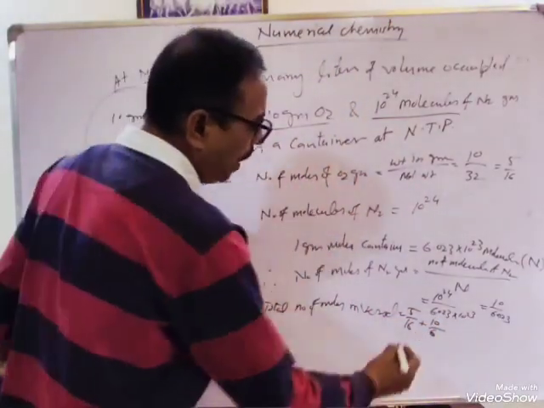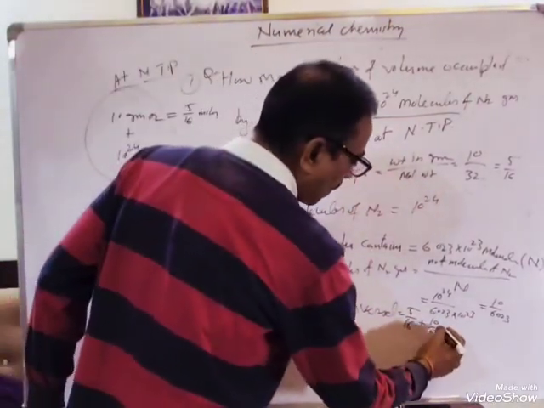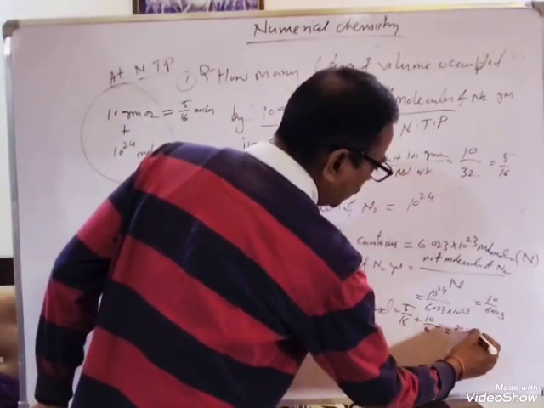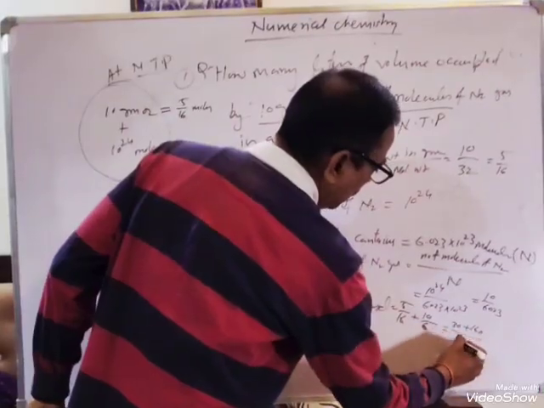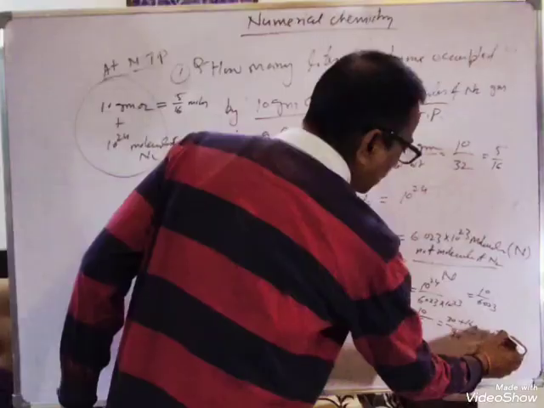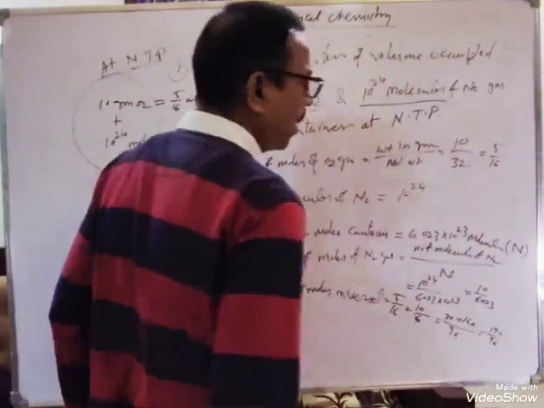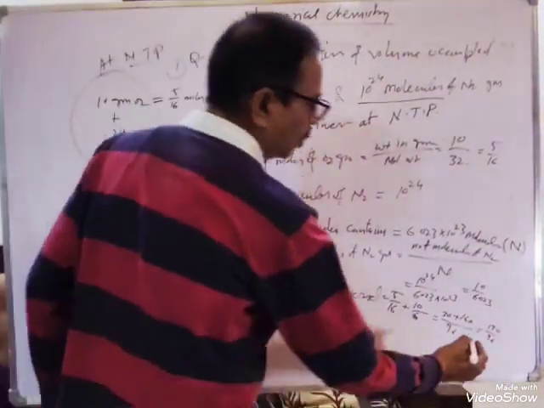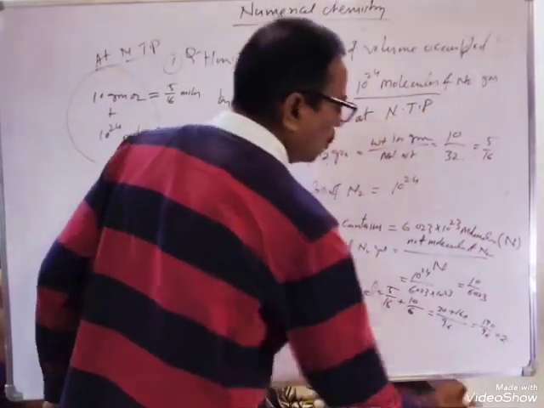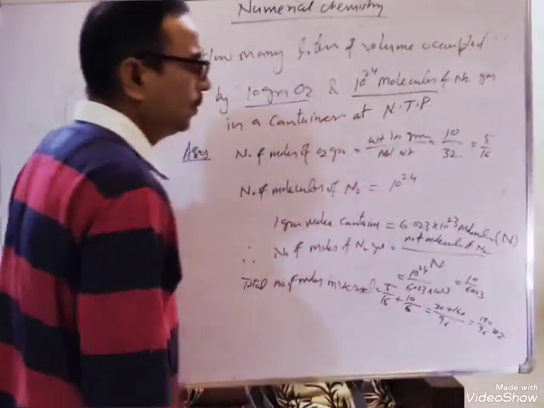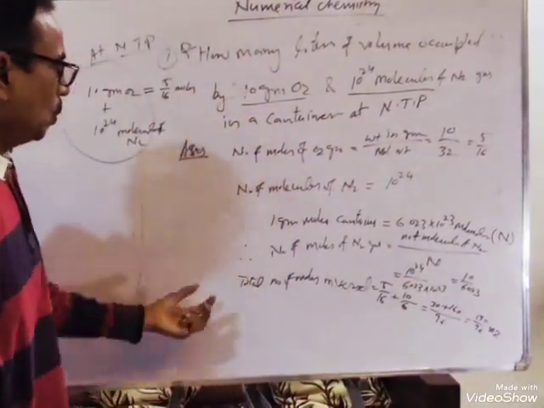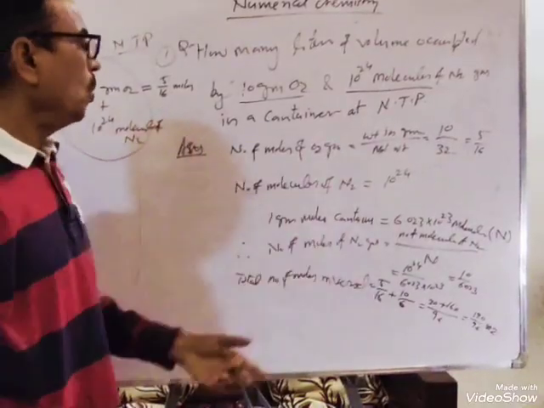So this value will be 30 plus 160 by 96, that is 190 divided by 96. Approximately it will come nearly equal to 2. So the total number of moles will be 2.